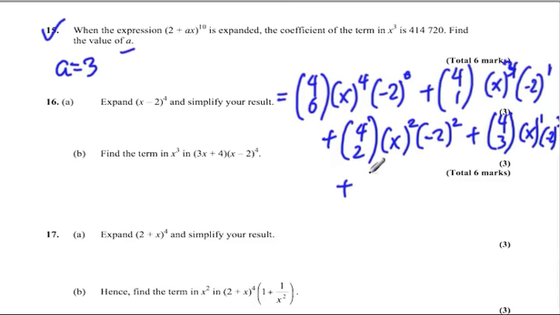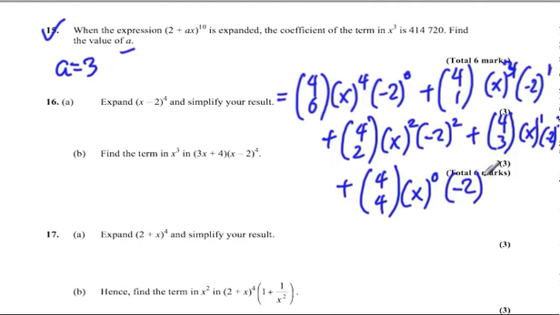And finally, the last one is 4 choose 4, x to the power of 0, and negative 2 to the power of 4.